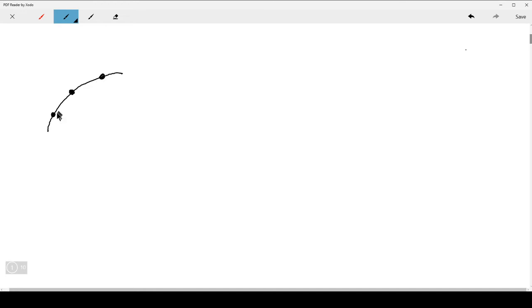And if I sketch in a tangent line at each of those points, pretend that's tangent, you'll see what's happening to the tangent line. As I move up the curve from left to right, the tangent line is getting shallower. So that means the slope of the tangent line is getting less and less.